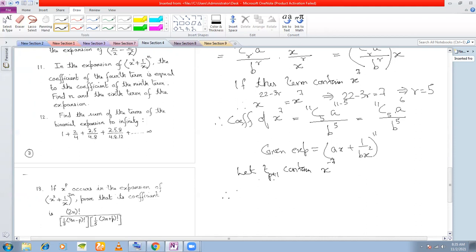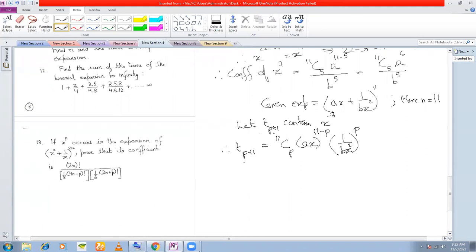So therefore, what is tp plus 1? Again, you can write here n is equal to 11. Find out the tp plus 1th term, pth term in fact. tp plus 1 means the pth term. So this is 11cp ax to the power of 11 minus p into 1 by bx squared to the power of p, right?